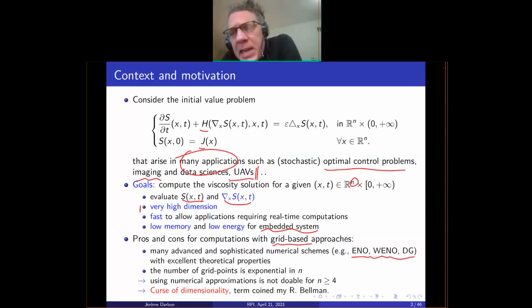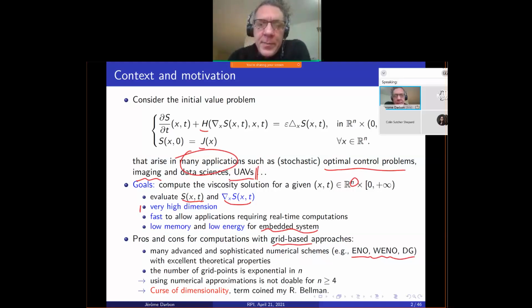They have many excellent properties and can deal with a wide range of Hamiltonians, but they require discretizing space and time, and the number of grid points you need is exponential in n.